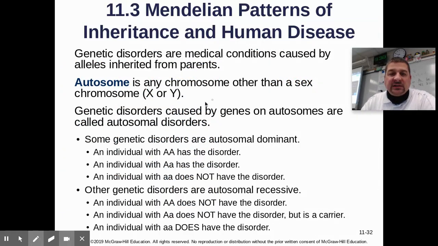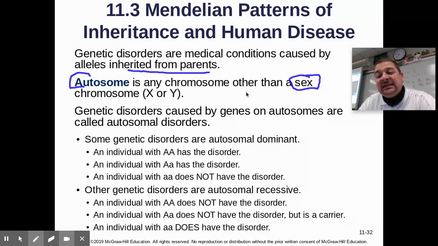One of the first things we want to look at is where is that genetic disorder located? They're inherited from your parents. What chromosome is that gene located on? Depending on whether it is an autosome or a sex chromosome, it makes a difference in the pattern of inheritance.